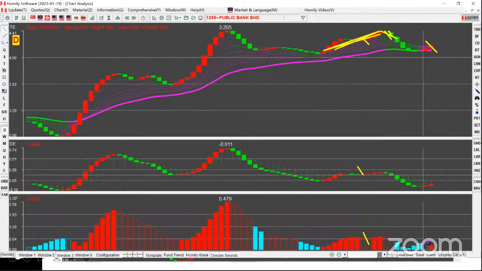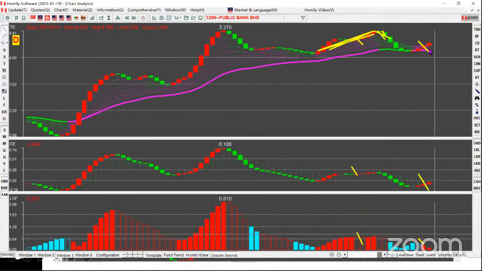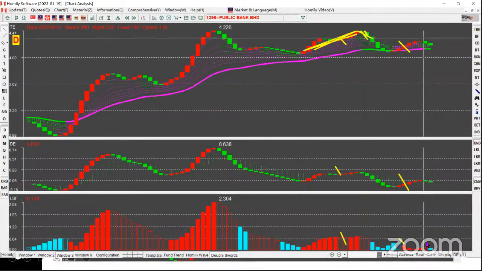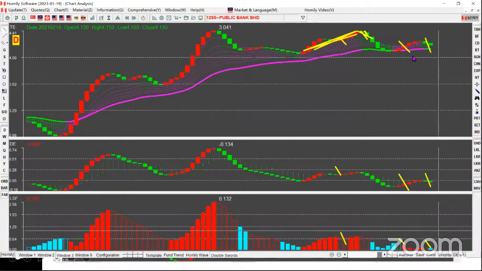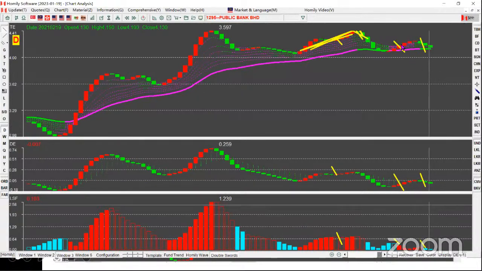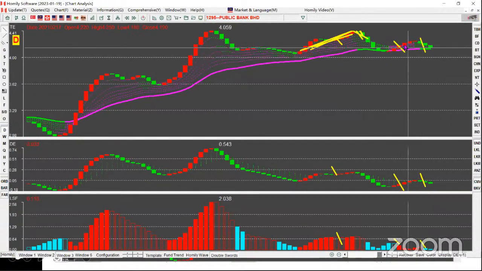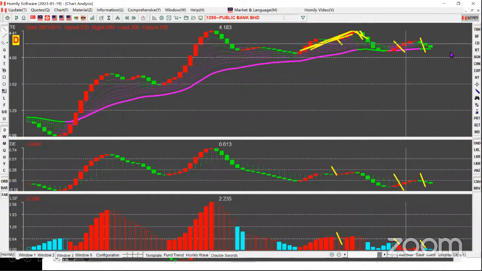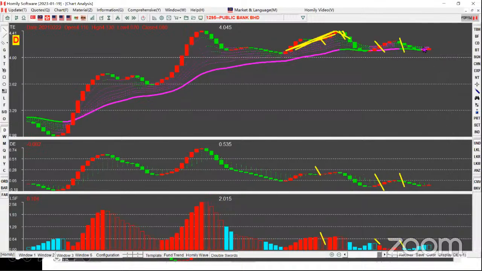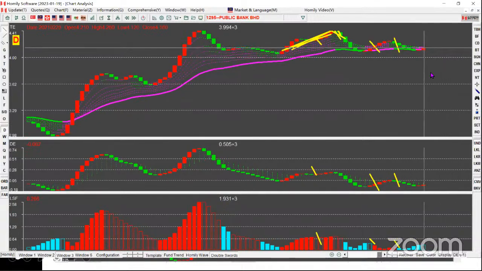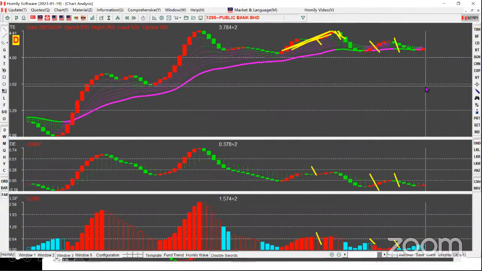And recent days it turns red again, green. Yeah, the template is not 100% success rate. Sometimes it can be three days, four days, then sell, maybe at almost the same price. Recently, no buy point. Okay, this is for Public Bank.